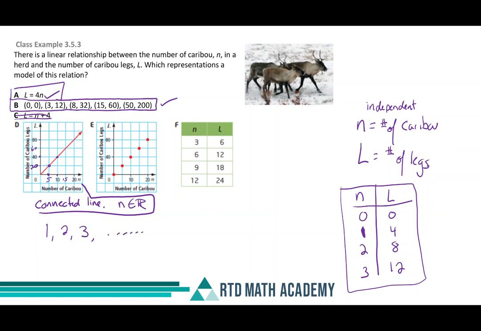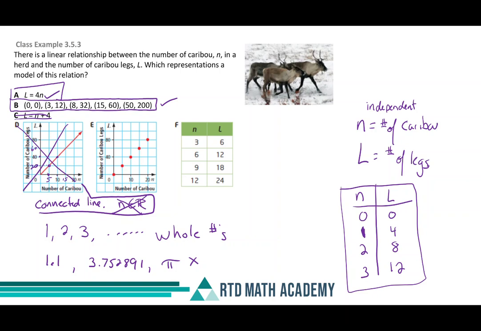We can even have 0. But you can't have 1.1 or 3.752891 caribou or pi caribou. This does not make any sense. So it's not part of the reals, which means that this graph cannot represent it because it is connected.